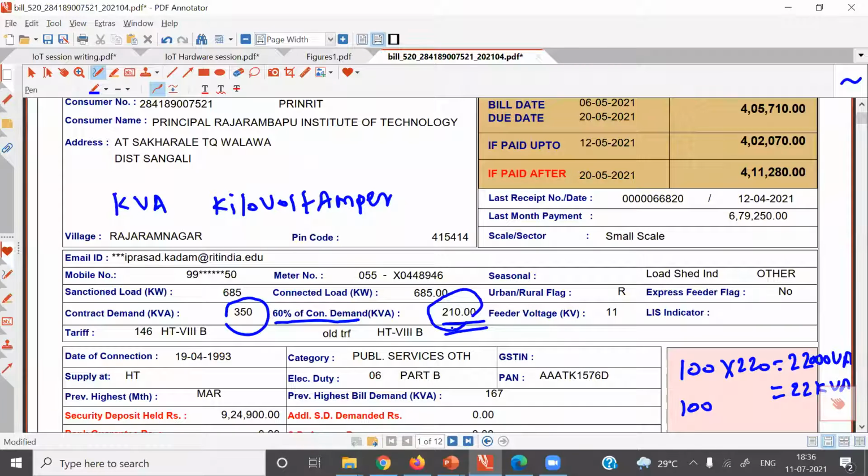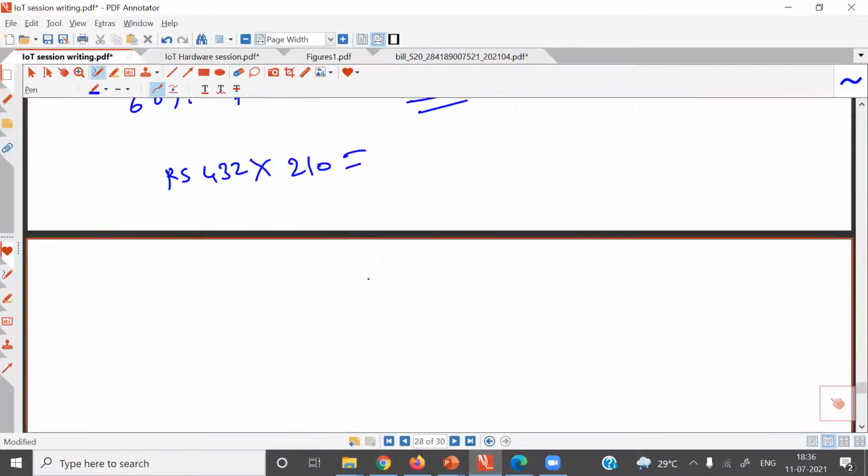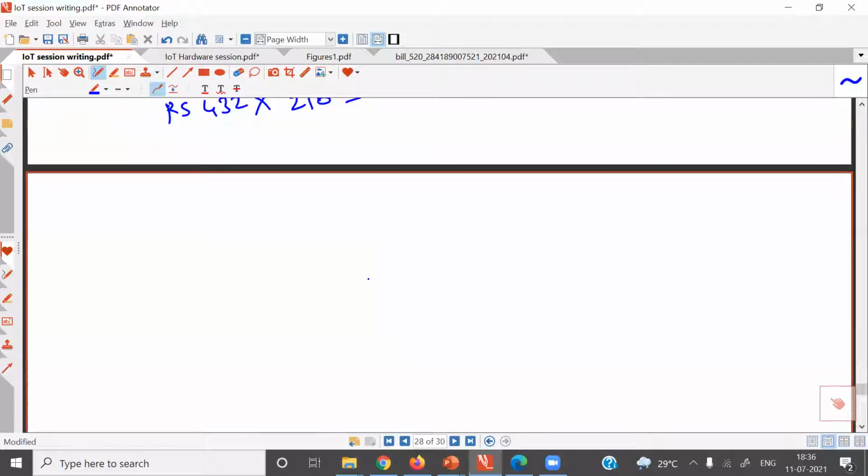Say for example, it becomes 320 kVA just for 30 minutes, then the state electricity board will impose another penalty.